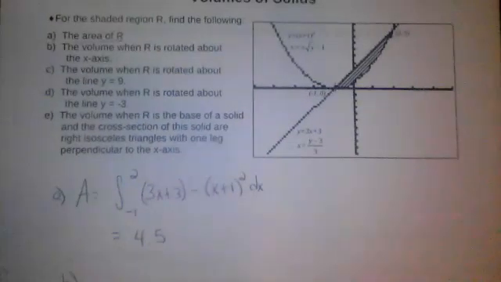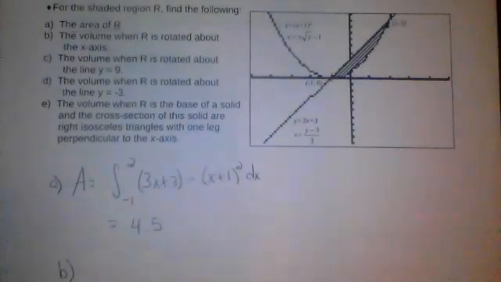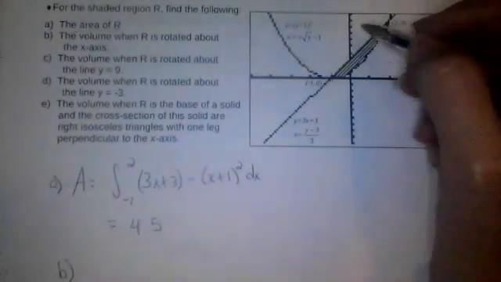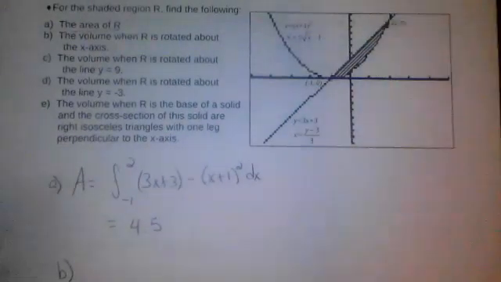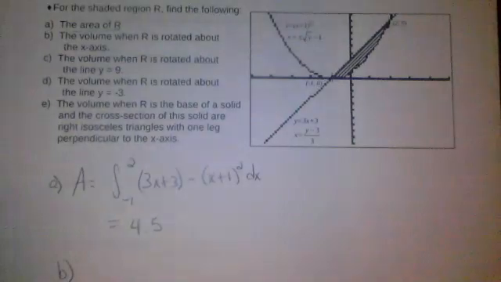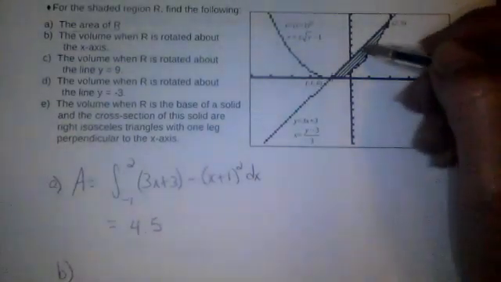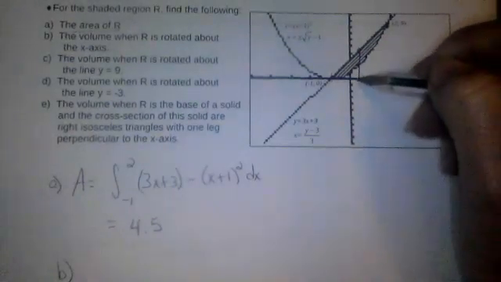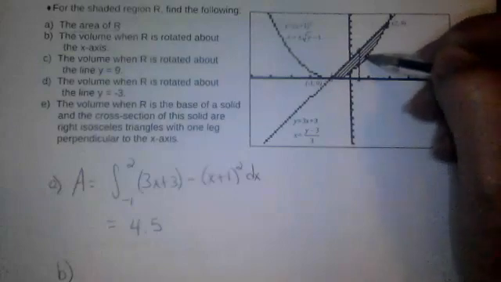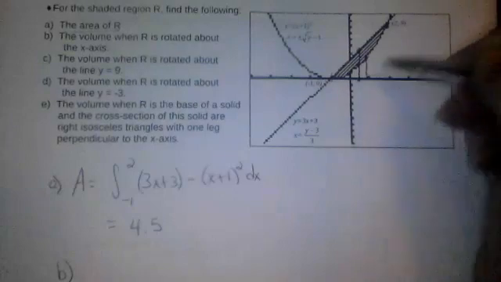All right, next it wants us to find the volume rotated about the x-axis. We're going to have a space in here. If we're going around the x-axis, we're going to have this radius minus this radius.